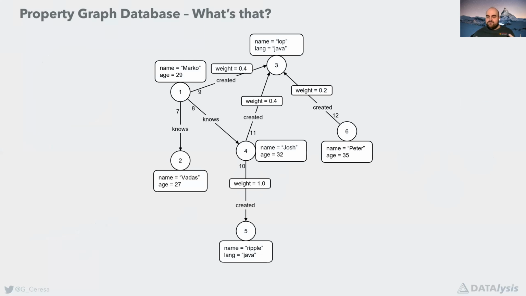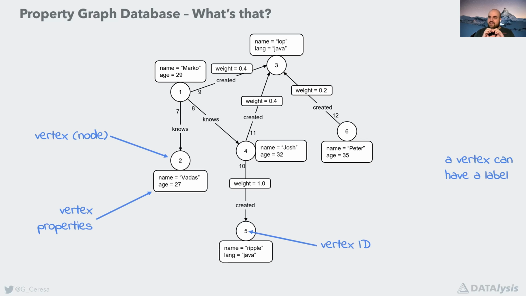To make it more obvious and more visual, this is a visualization of a super simple small property graph. So you recognize the rounds, the vertices, the nodes. You see that a vertex has an ID. Every single vertex has an ID just because we need a way to identify them in a unique way. So a unique ID. A vertex, a node, can have a label.